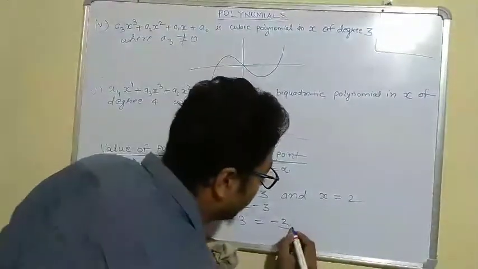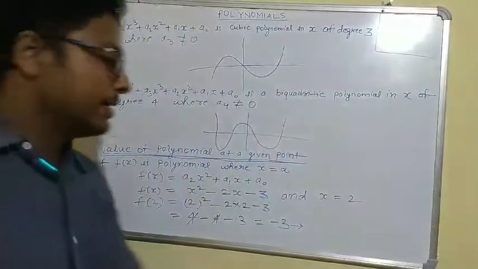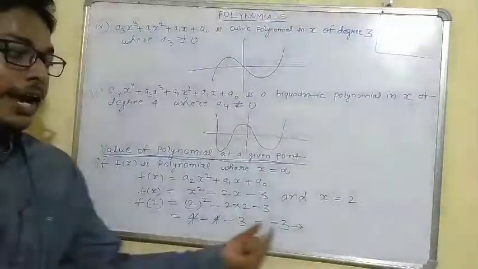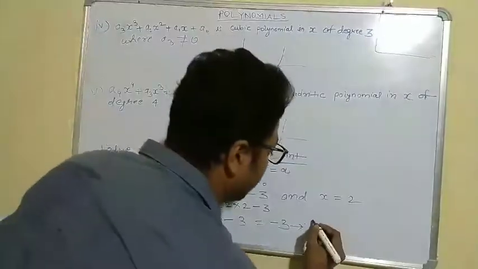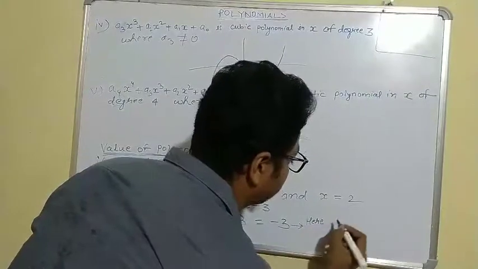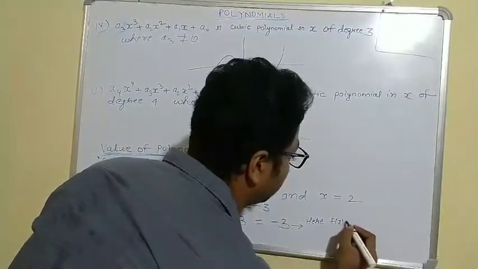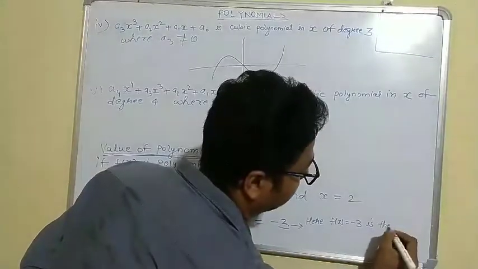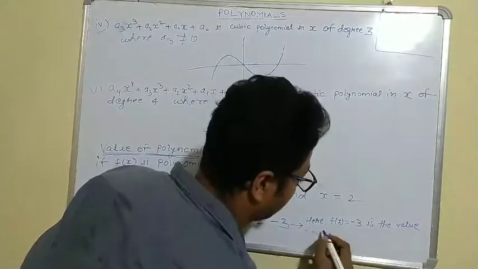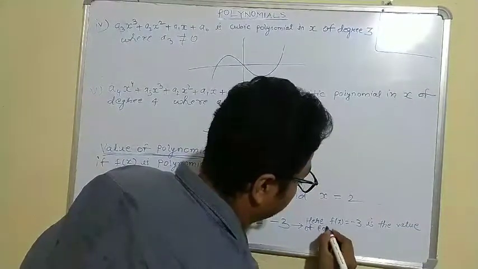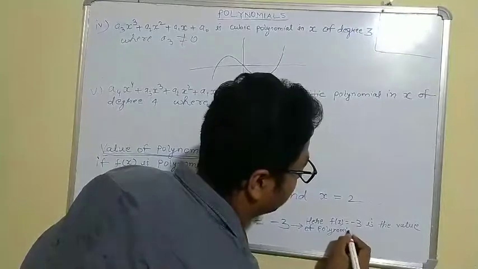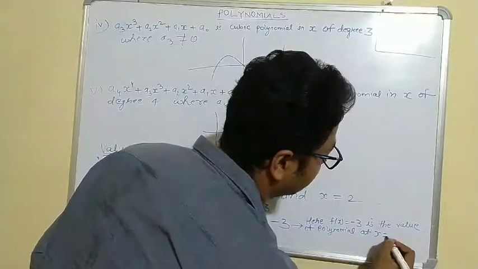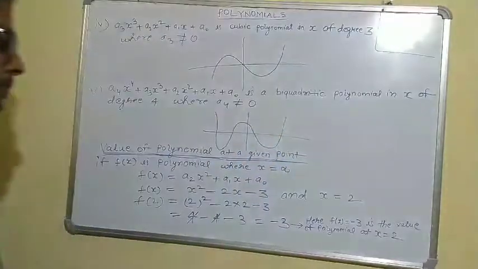Here, minus 3 is the value of the quadratic polynomial at x equal to 2. So f(x) equal to minus 3 is the value of the polynomial at x equal to 2.